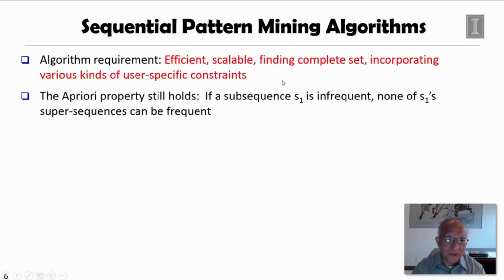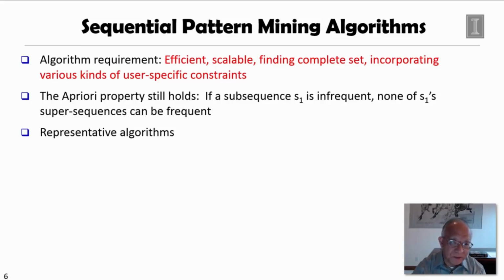For sequential pattern mining, actually Apriori property, the property we have used in frequent pattern mining, still holds. For example, if we say a subsequence f sub 1 is infrequent, then any of its supersequence cannot be frequent.